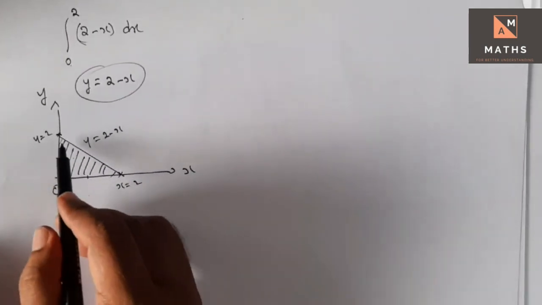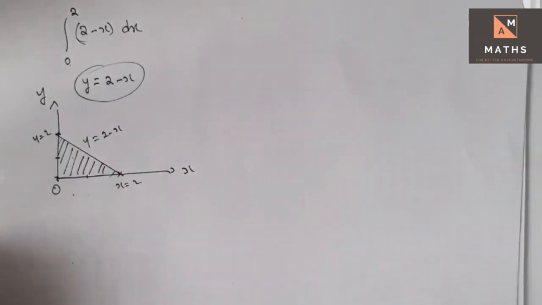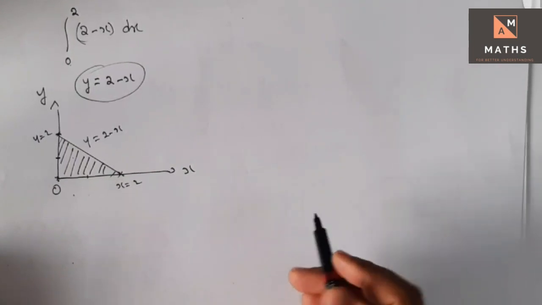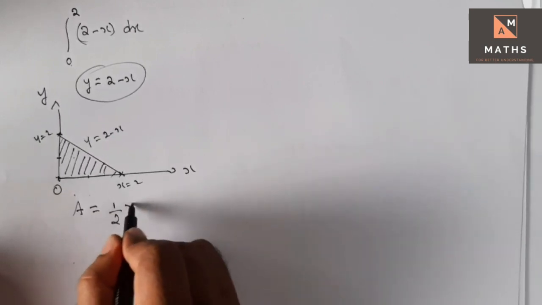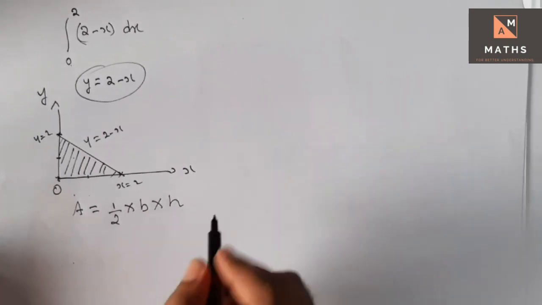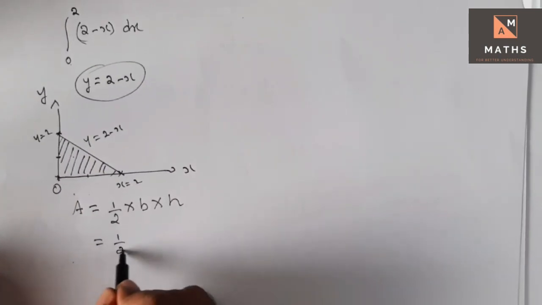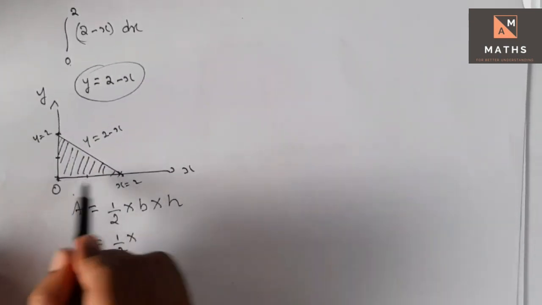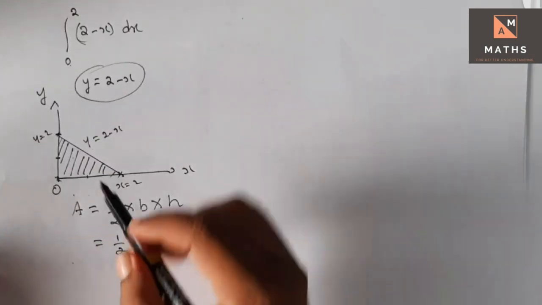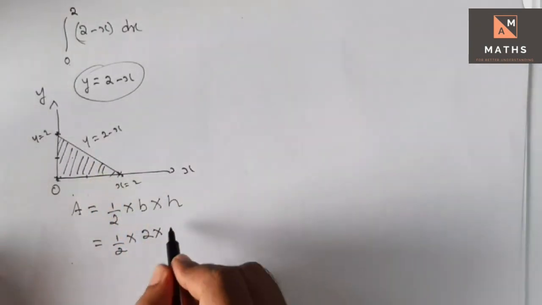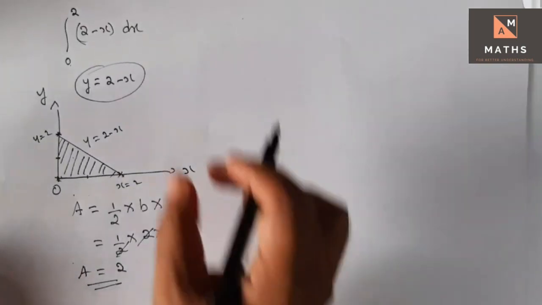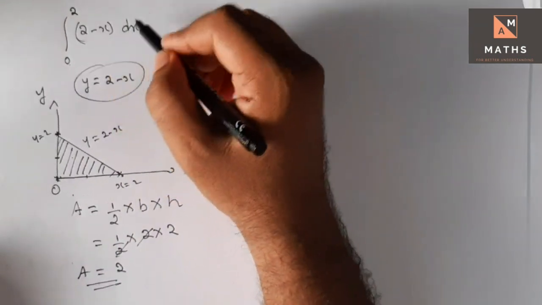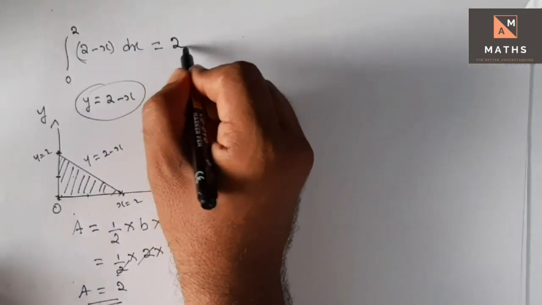This shaded region is in the form of a triangle, and we know the formula for the area of a triangle: area is equal to half into base into height. Here the base is 0 to 2, so the base is 2, and the height is also 2, so the 2 gets cancelled and we get area equal to 2. So the integral from 0 to 2 of 2 minus x dx is 2.